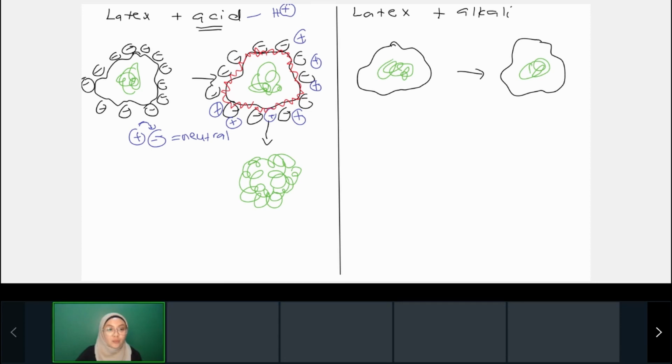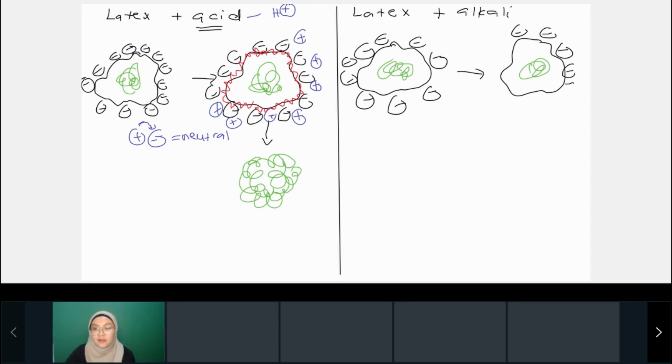Okay. Now we have latex plus acid. How about if I add in alkali? You know the membrane of the latex is negative. Now you add ammonia, an alkali. What happened? When you add in alkali, it will give the hydroxide ion, OH minus.